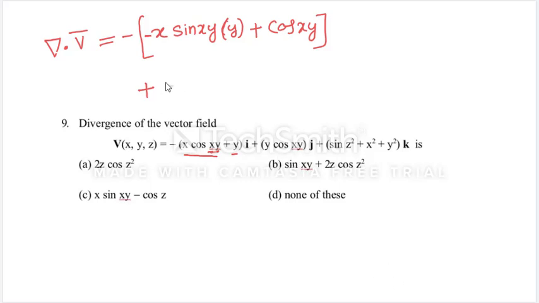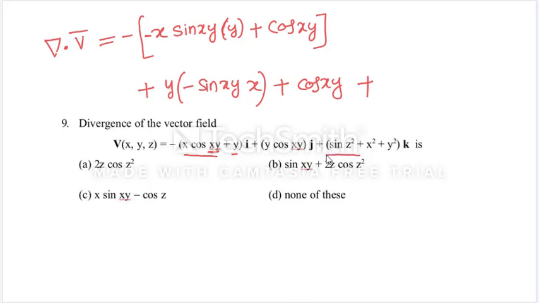So it is y into minus sin xy into x, plus cos xy, correct, plus the z derivative.